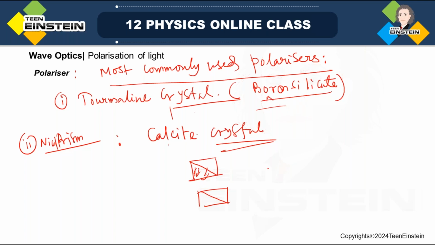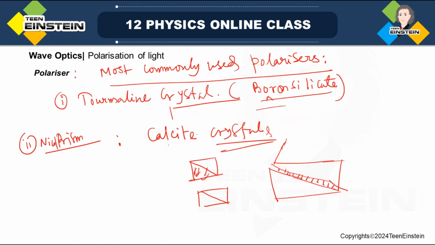So as a whole you will have one portion and another portion. So the Nicol prism is actually made of two calcite crystals, cut in a particular way, and they are sticking together.